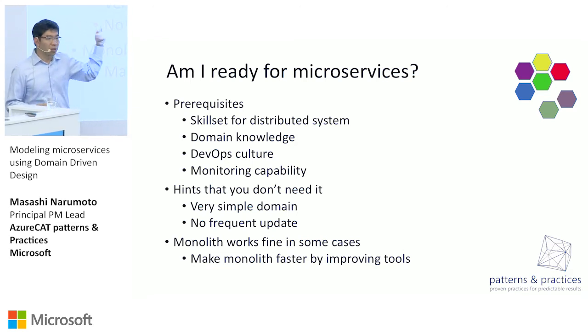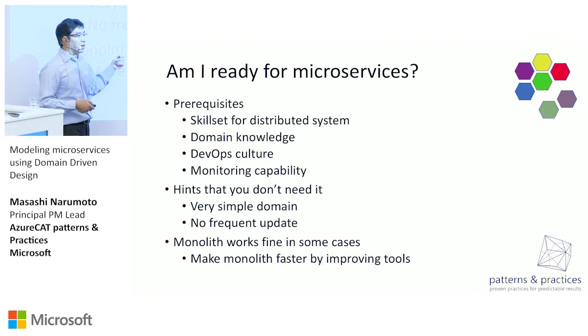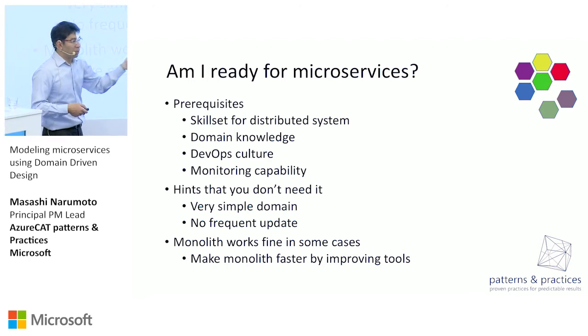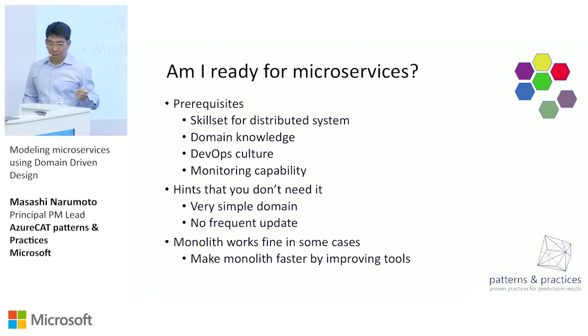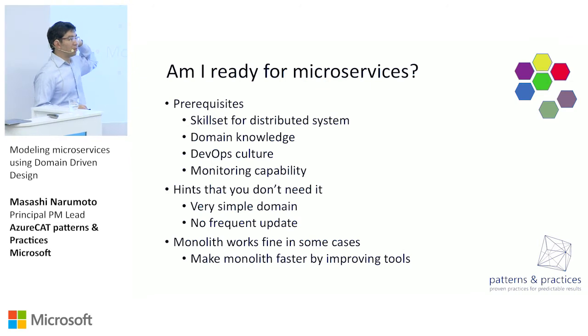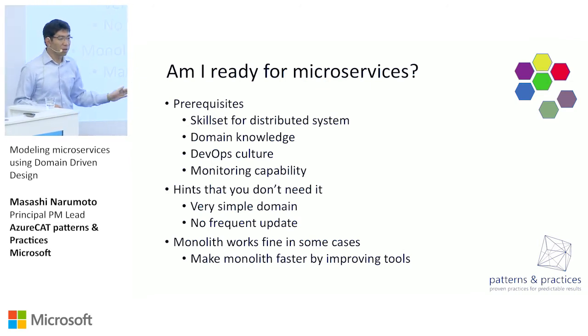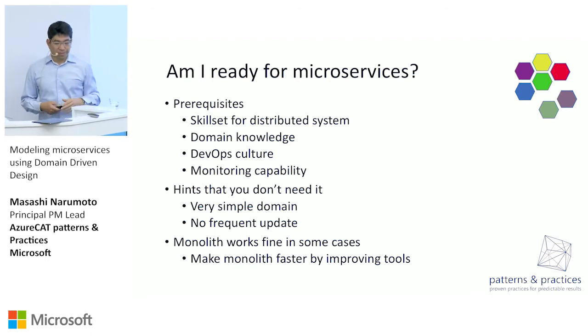Instead of moving to microservices, keep the current architecture and make the release process better to get a faster release cycle. That's another option. So you need to think about those things, not blindly jump to microservices. This is the alternative option for you.